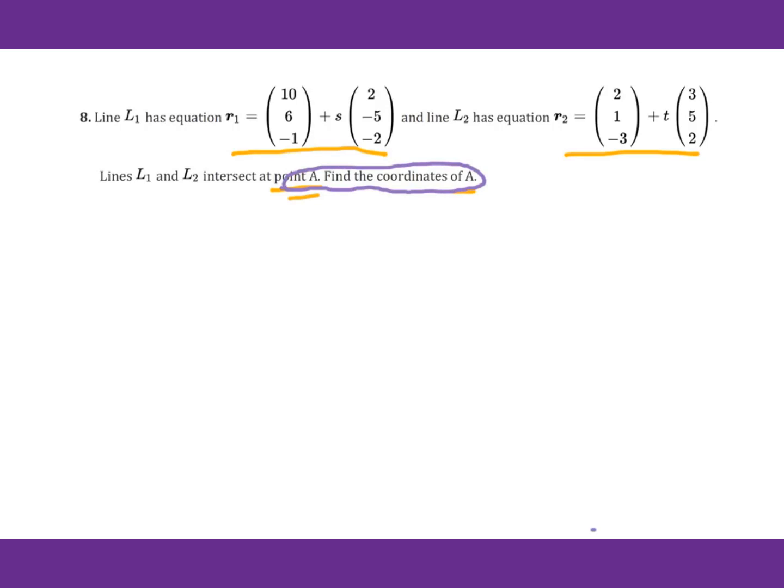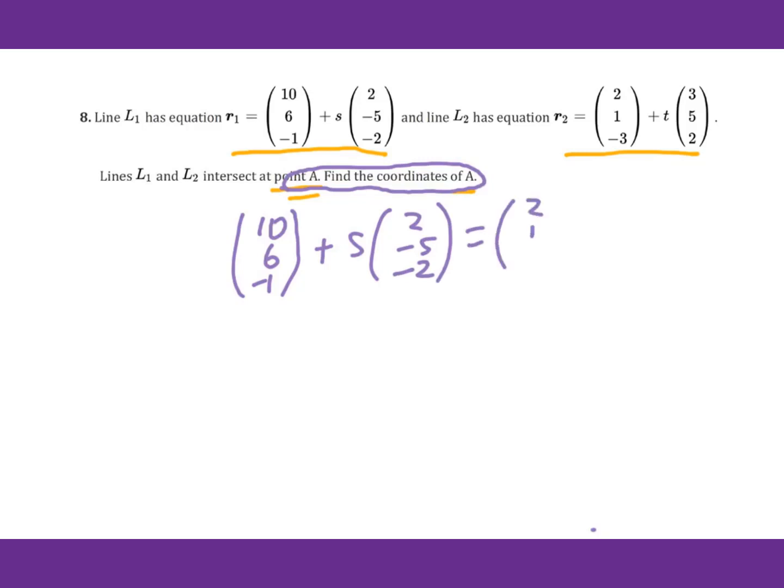Therefore, you set up (10, 6, negative 1) plus s times (2, negative 5, negative 2) equals (2, 1, negative 3) plus t times (3, 5, 2).